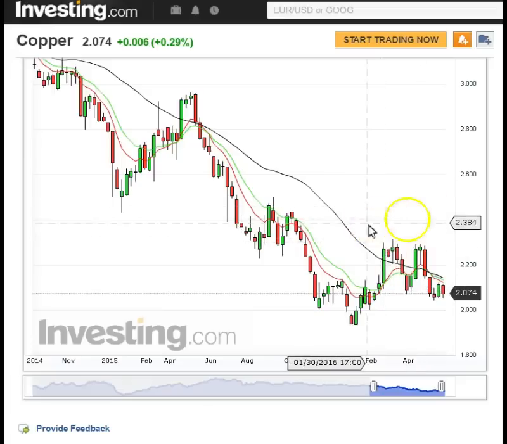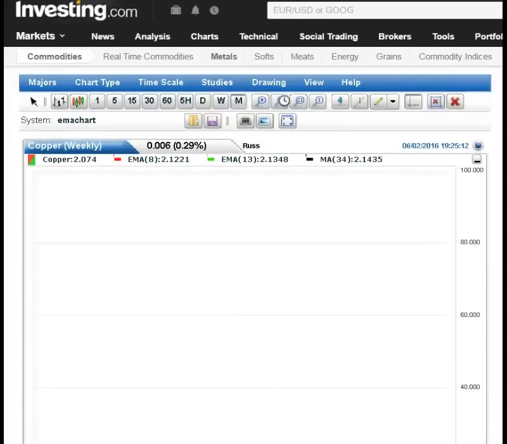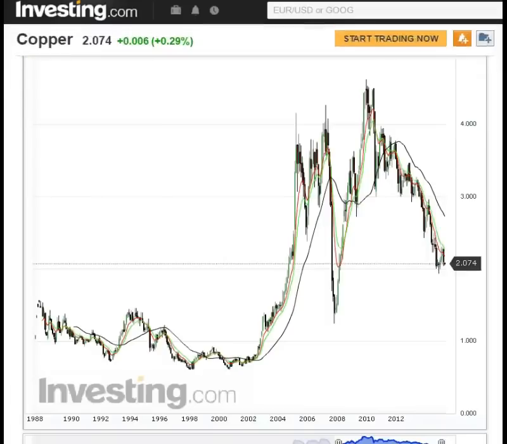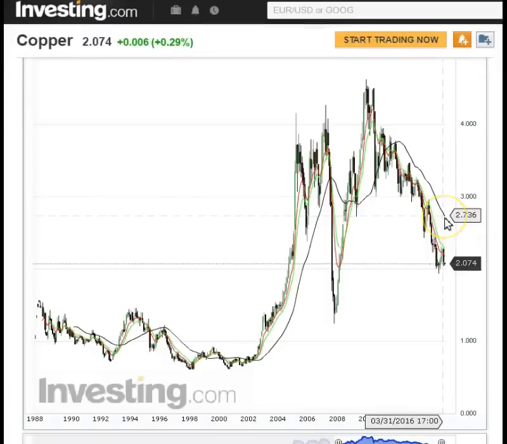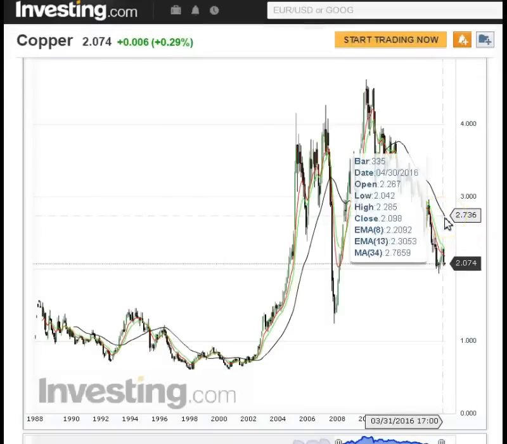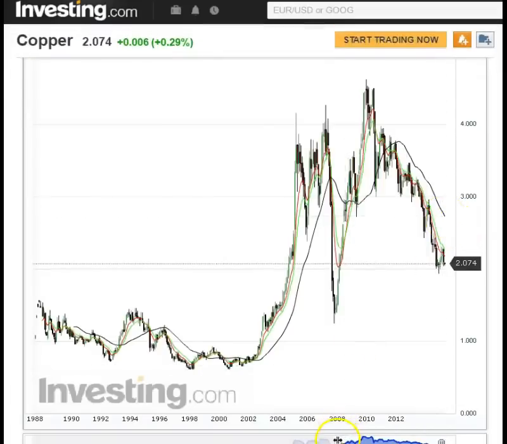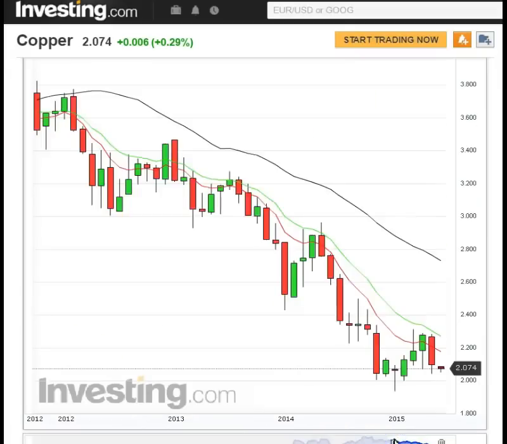But we haven't changed trend on copper yet, mainly because on the monthly we have a lot of work to do to get back up to our trend. 273 is where the number is right now. Maybe this could be the higher low, and it's going to work its way back up.